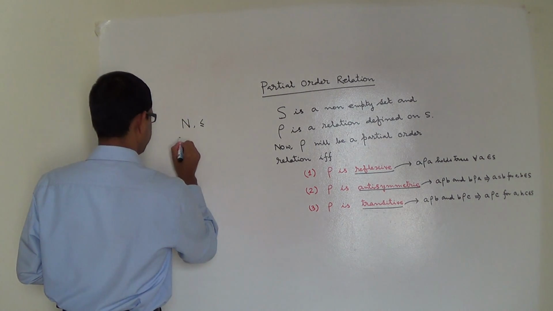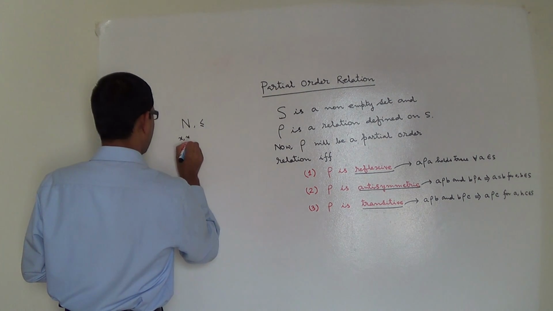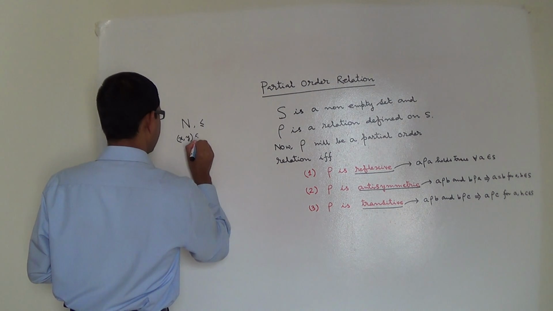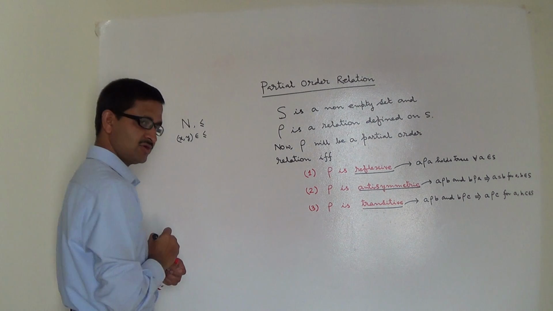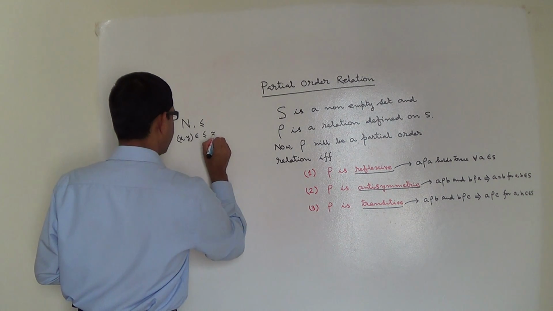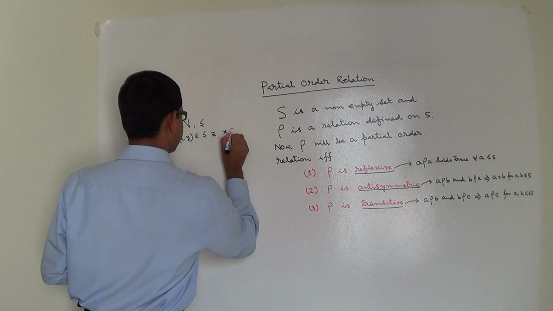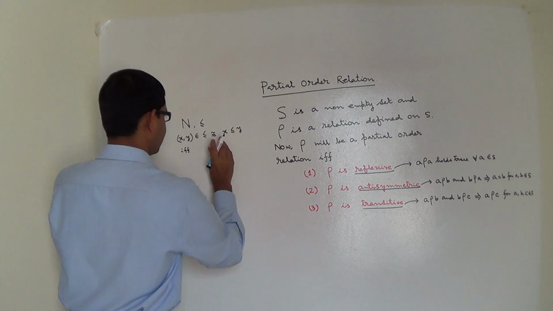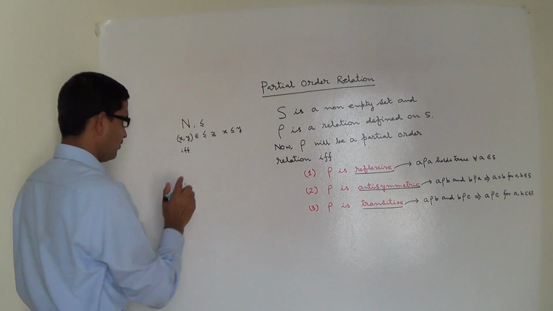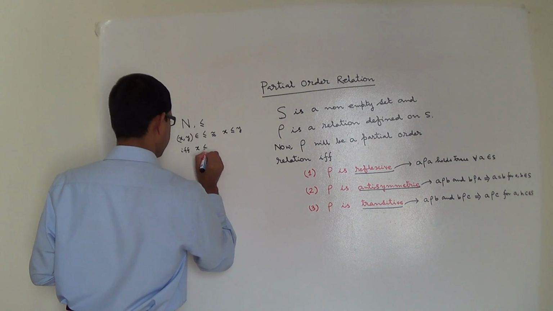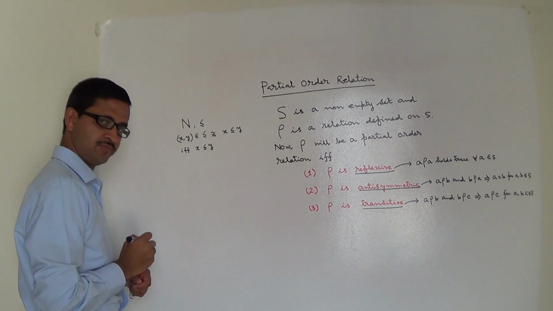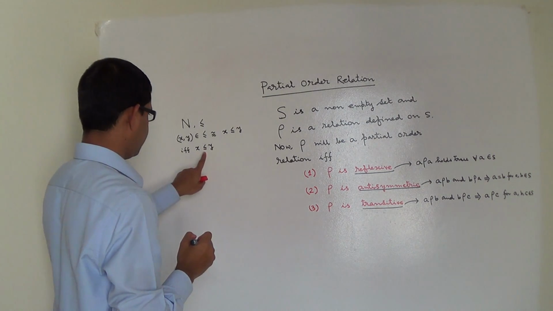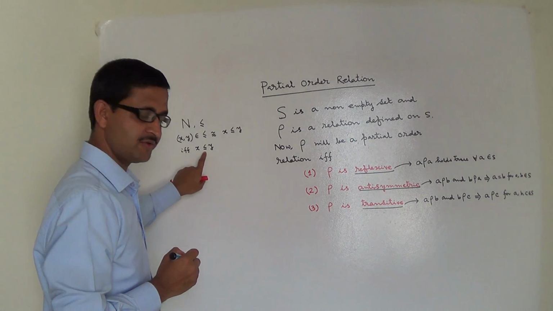So we can say that (x, y) belongs to that relation less than equal to, which is equivalent to the statement x is less than equal to y. Here is the symbol and here is the actual meaning of that operation.